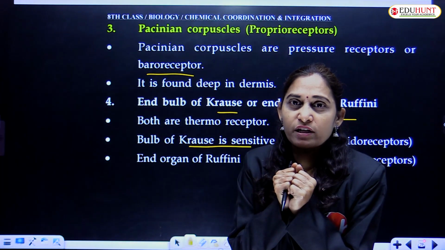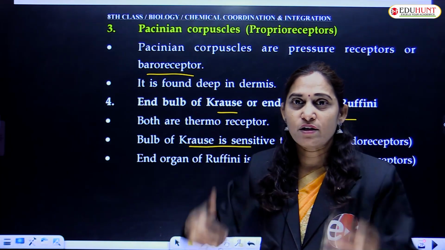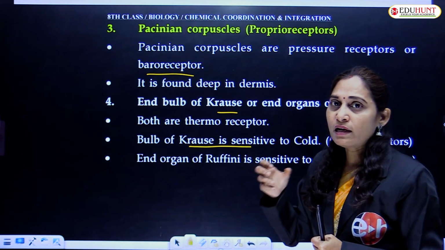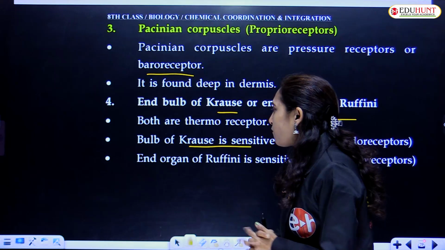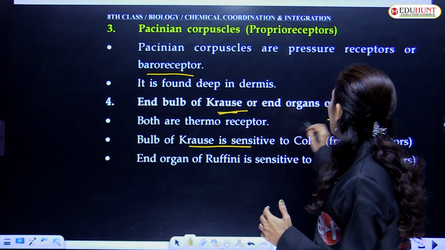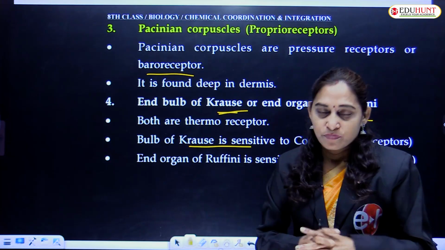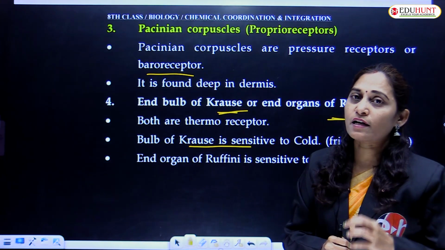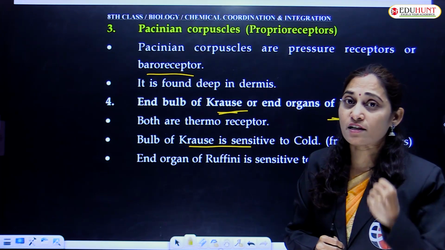When the temperature is low, shivering comes, and when the temperature is high, heavy sweating comes. So our body feels these differences. So the bulb of Krause and Ruffini are thermoreceptors, receptors that sense temperature.